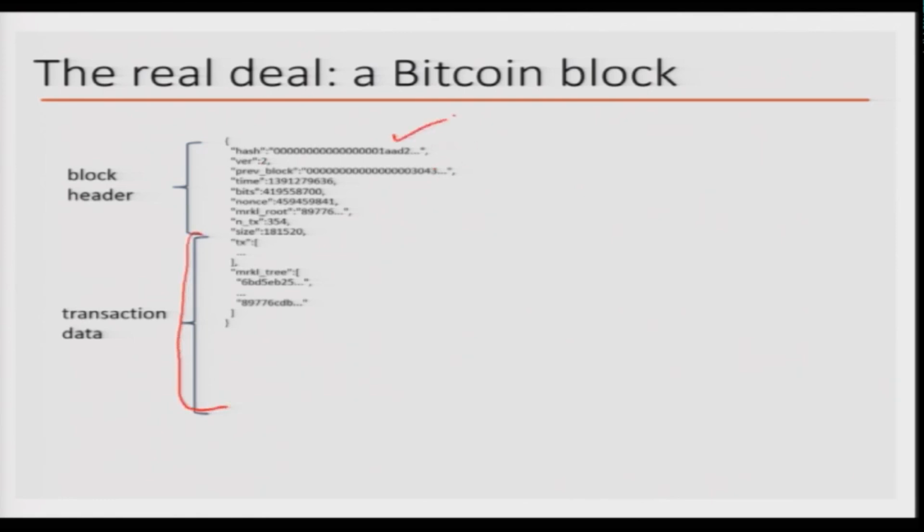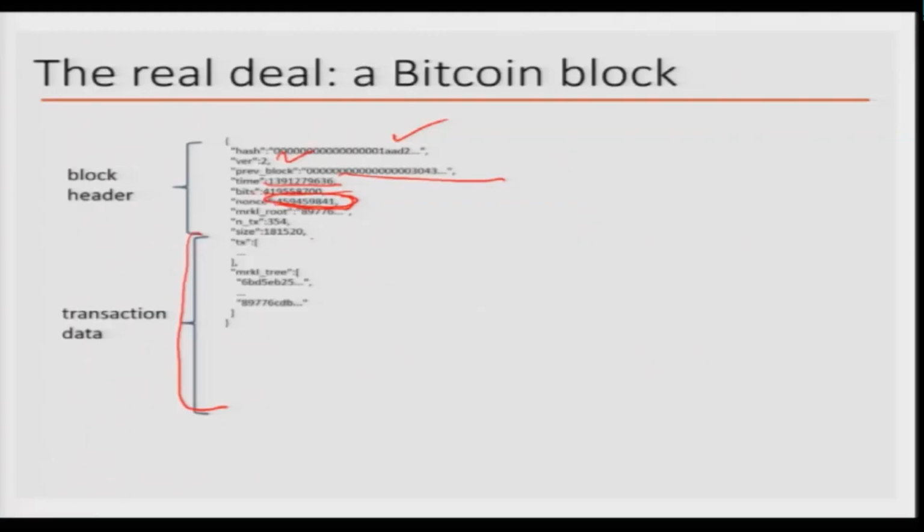This is the hash of the block, this is the version number, this is the previous block hash, this is the timestamp, this is the number of bits, this is the nonce. When you solve the hash puzzle, remember there was a nonce that you have to discover in order to solve it, and that nonce can be easily checked to be the solution to the hash puzzle.